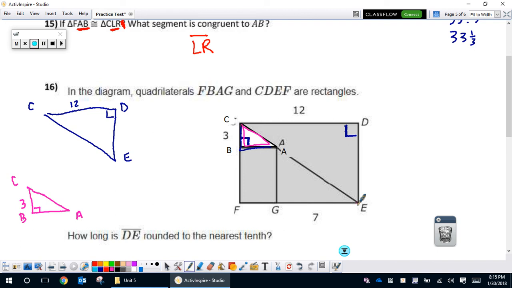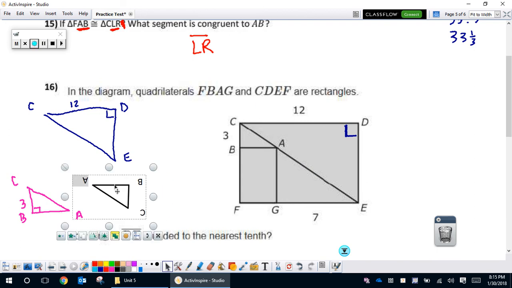So what I'm going to do is try to show you how I would turn this triangle so that now my right angle is actually facing the same way as my picture up here.